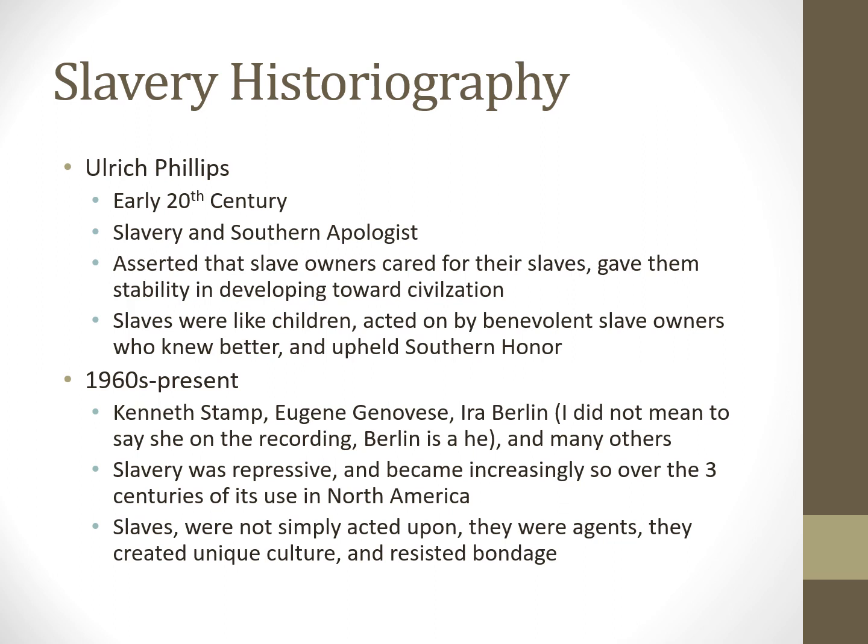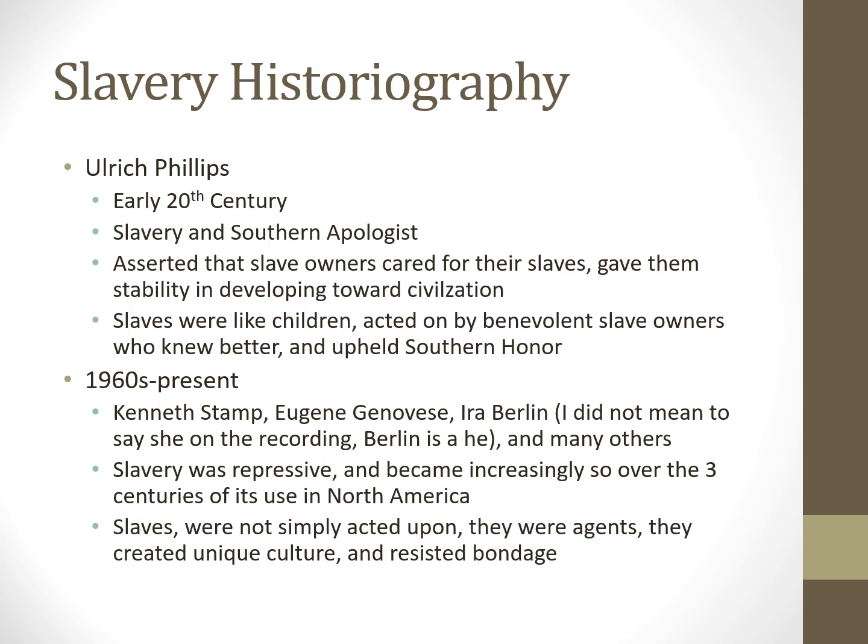Phillips was a Southern apologist and a slavery apologist, and that means that he casts the institution and the slave owners in a far more forgiving light than is done today. Phillips asserted basically that slave owners were honorable Southern men who cared for their slaves and gave them stability and education or training as they moved towards civilization.